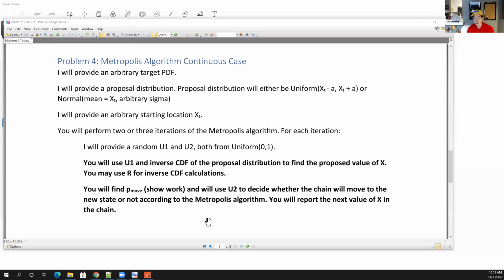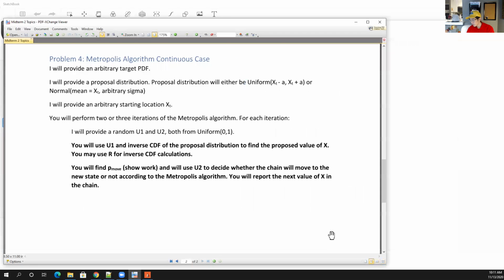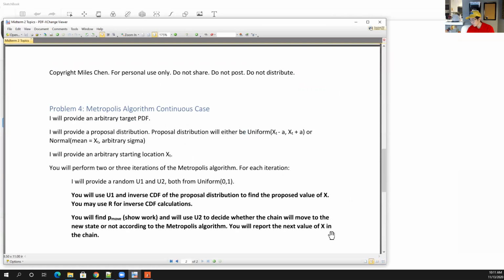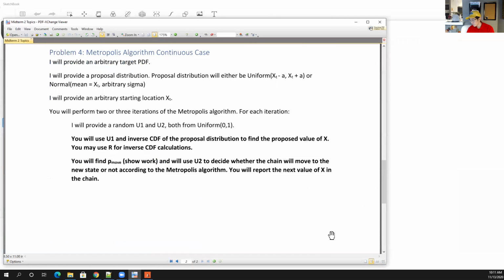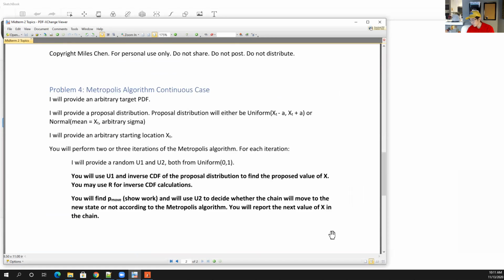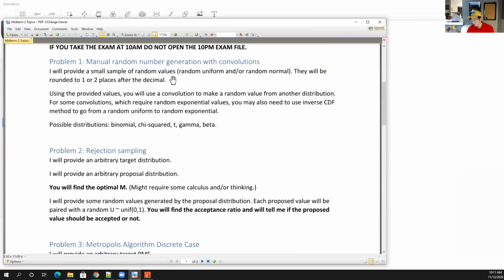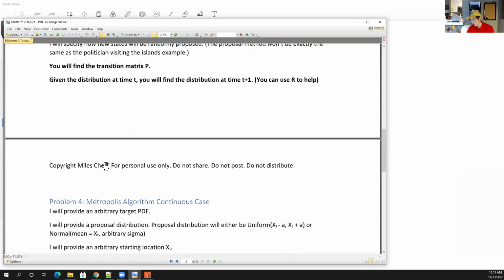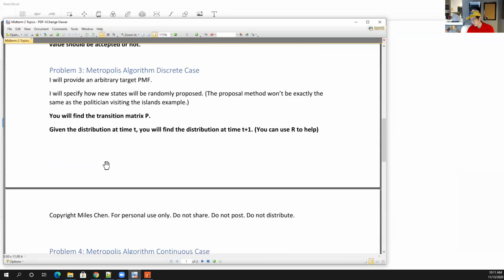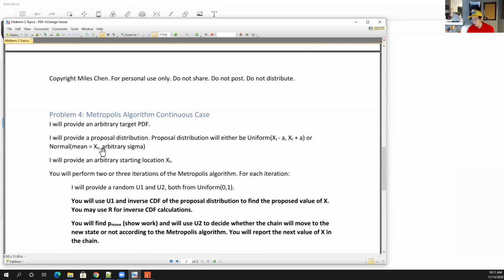Okay, and that's it. That's going to be what you can expect for the second midterm. Again, my recommendation is do the homework that's been assigned, especially for these Metropolis algorithm ones. So you've already done homework, so hopefully you feel familiar with problems 1 and 2, and the homework that's being assigned now should get you familiar with problems 3 and 4.